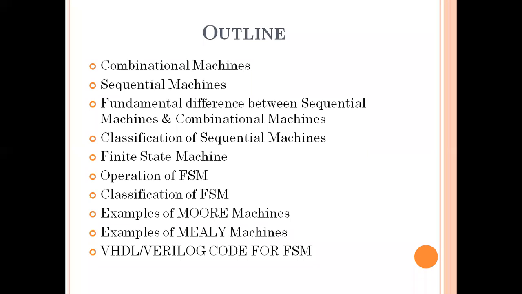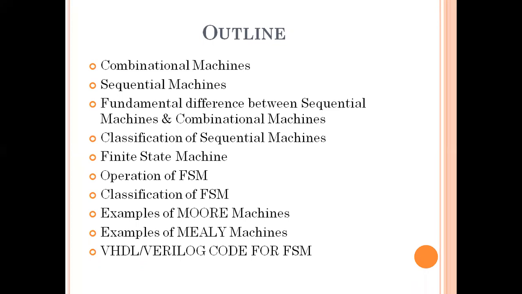We also know what type of circuit comes under combinational and what type of digital circuit comes under sequential machines. We will discuss those things also, but at the primary level we just know combinational and sequential. To understand combinational, we know its properties.